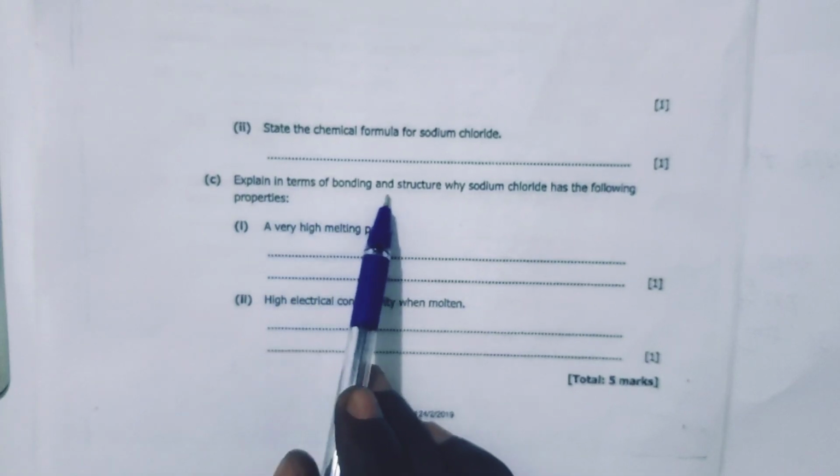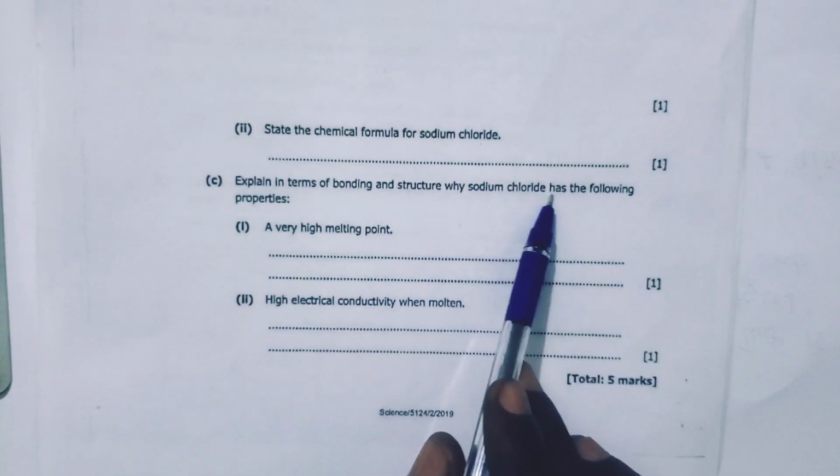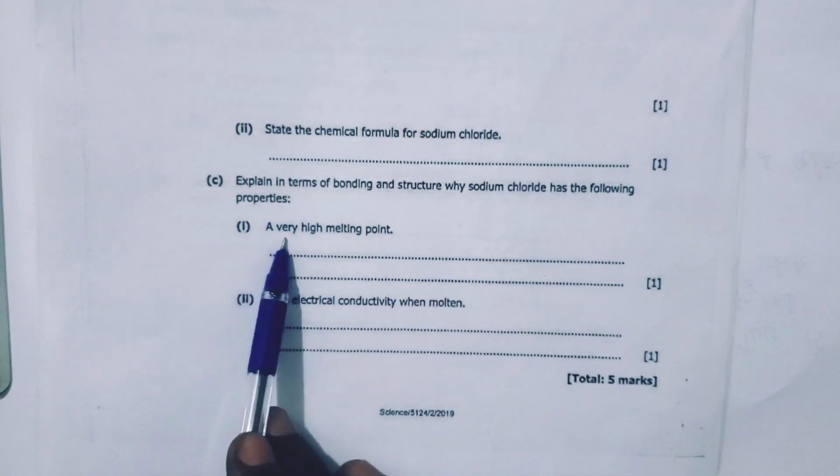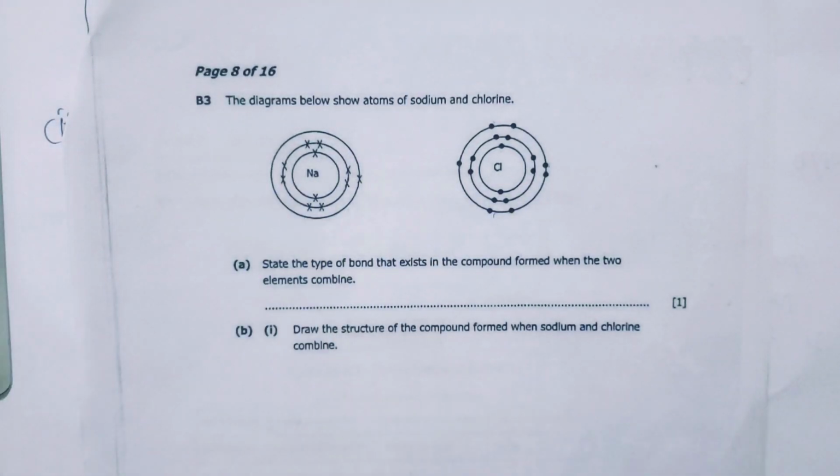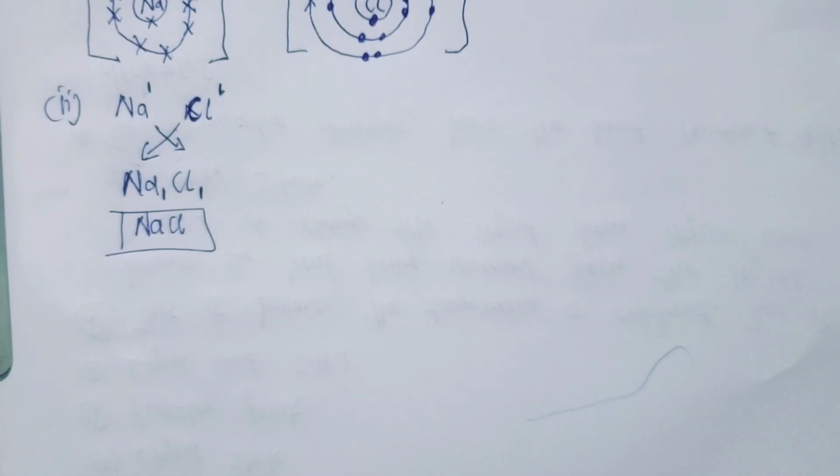Explain in terms of bonding and structure why sodium chloride has the following properties. Number 1, a very high melting point. You understand that these are oppositely charged ions, and the forces of attraction between them are so high. To break them, you need strong heat.